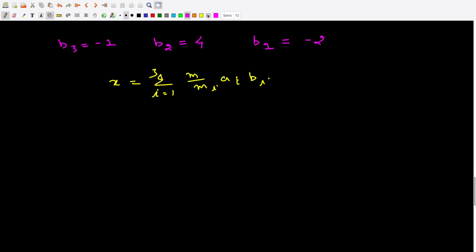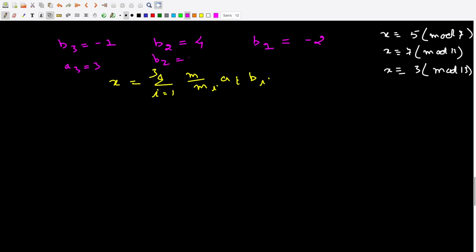The equation given to us was x is congruent to 5 mod 7, x is congruent to 7 mod 11, and x is congruent to 3 mod 13. So a3 is 3, a2 is 7, and a1 is 5.